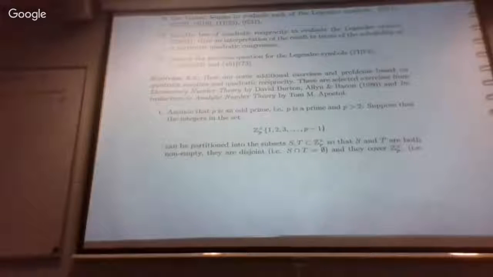Are there any other ways of doing this apart from the way we already know about, which is splitting it into the residues and non-residues? Okay, that's the question.